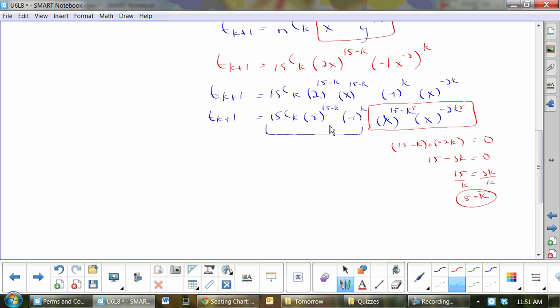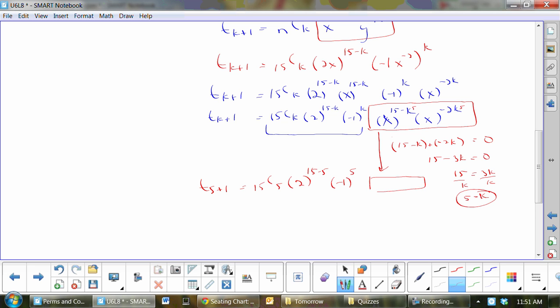But now that I know it's 5, I'm just going to put it in. T to the 5 plus 1 equals 15 C 5, 2 to the 15 minus 5 and negative 1 to the 5. Now, I could put this if I wanted to, but I know it's gone anyway, right?